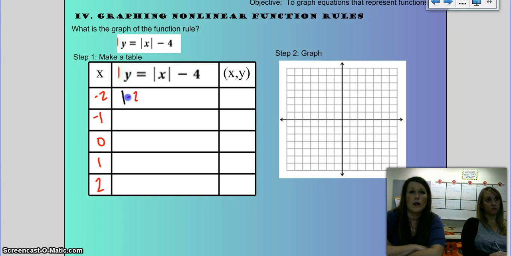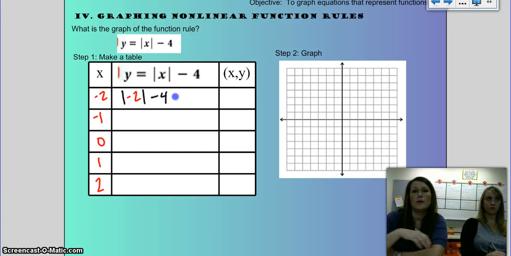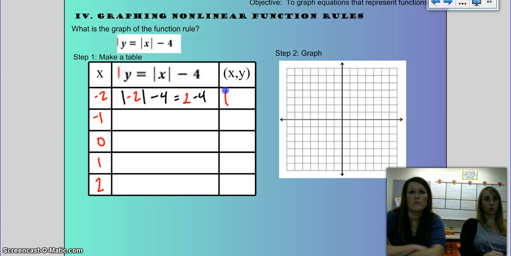So absolute value of -2. Actually, they use 4 in the book. I don't know why that is. So what's the absolute value of -2? 2. 2 minus 4 is -2. So my first ordered pair is -2, -2. Absolute value of -1 minus 4. So it's a +1 because absolute value is always positive.